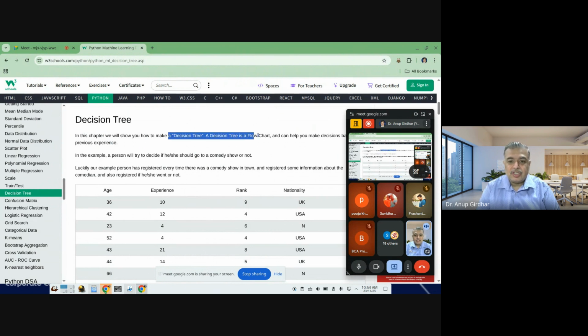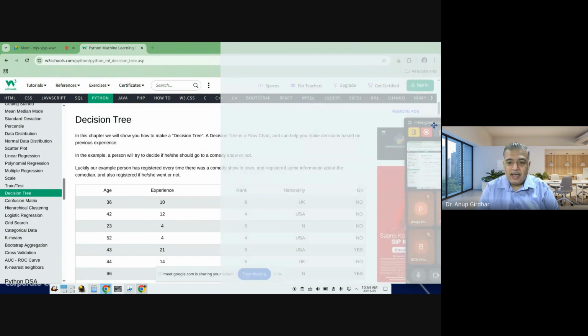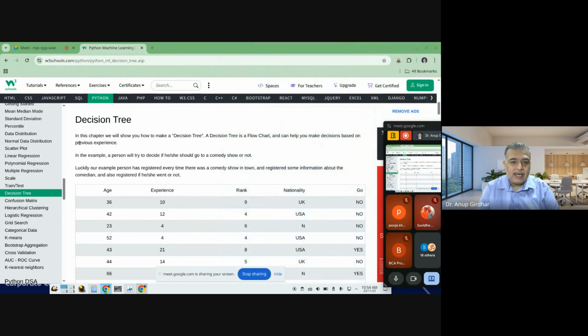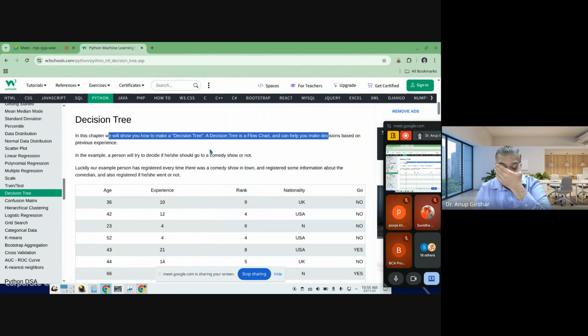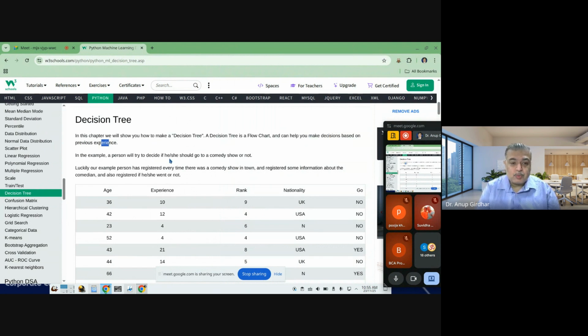And in this decision tree, you are trying to create your tree structure of the flow chart, with your constraints. And let's say we have some content, and if you just go through the content, like in this example from W3Schools, it will show you how to make a decision tree in a flowchart, and can help you to make a decision based on previous experiences.